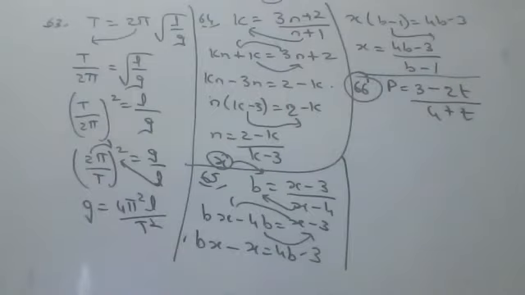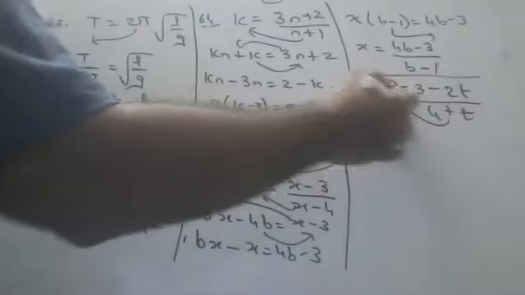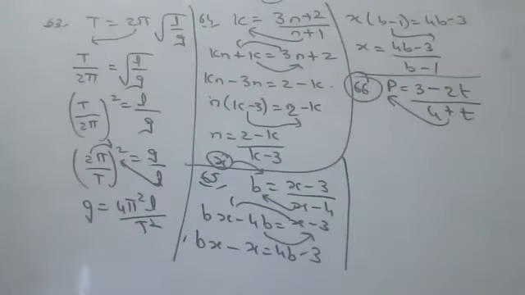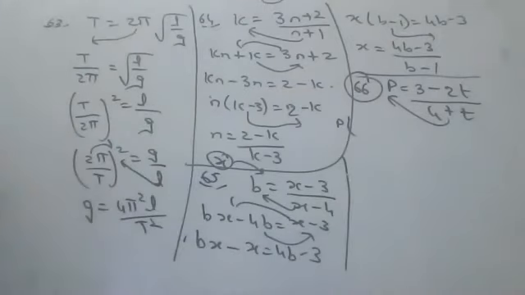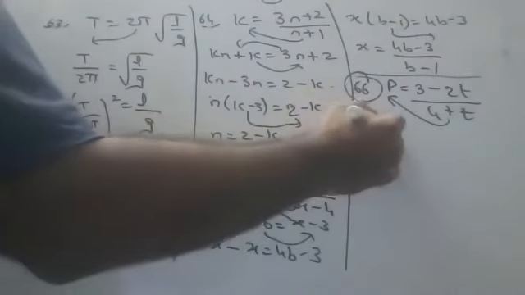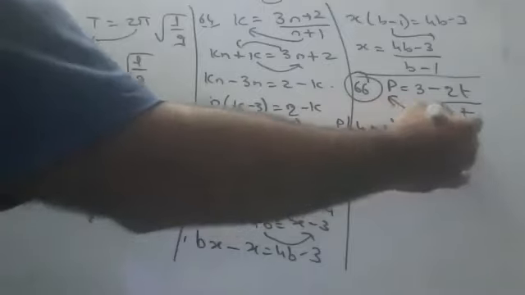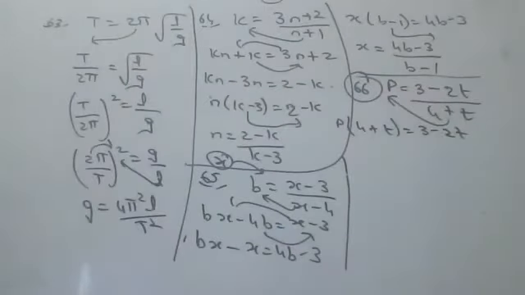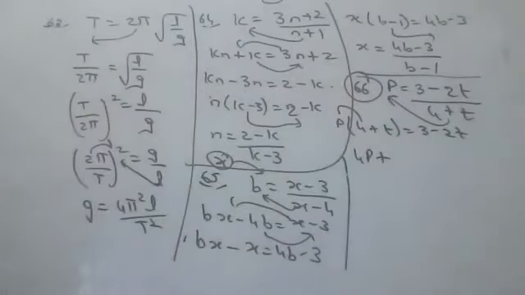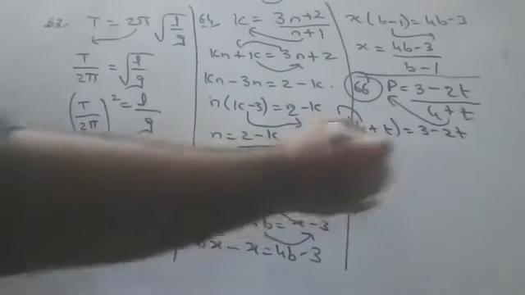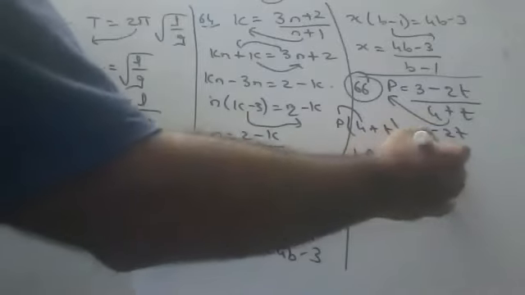Anyone? Sir, can I try? Yes, try Emma. If you try, I will help. No problem. Cross multiplication. P into 4 plus t is equal to 3 minus 2t. 4p plus pt is equal to 3 minus 2t.